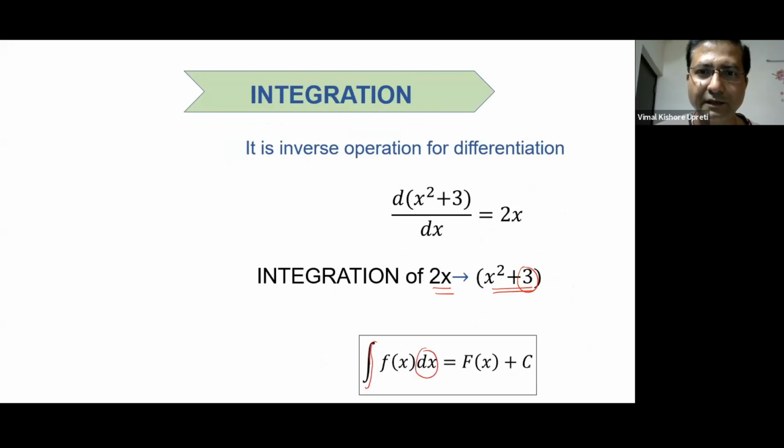So when you integrate a particular function, the function will get changed, and then you will get a constant here, right? I hope no one is having any doubt up to this point.